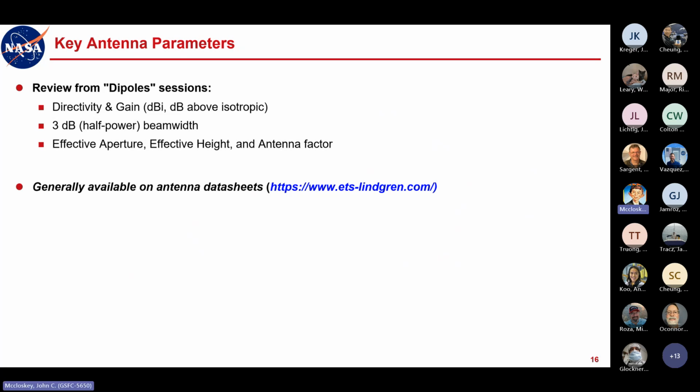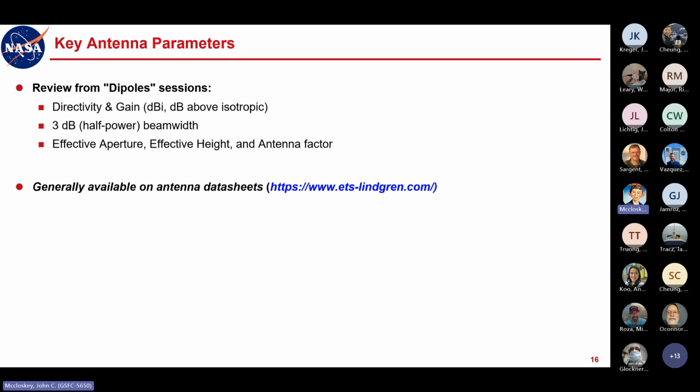Okay, so some key antenna parameters I'm going to go into in this next portion. This is a review from the dipoles session, and this is very high level. Even in the dipole sessions, it was a pretty high level review. I didn't plunge into all the mathematics and the theory behind that.